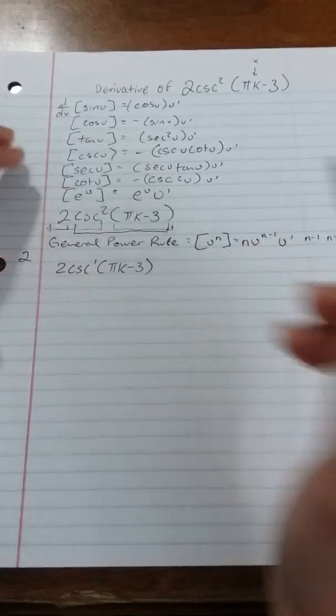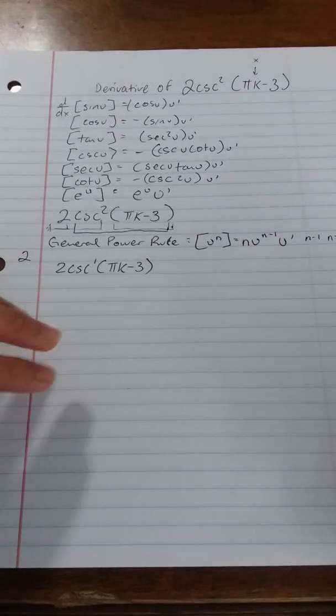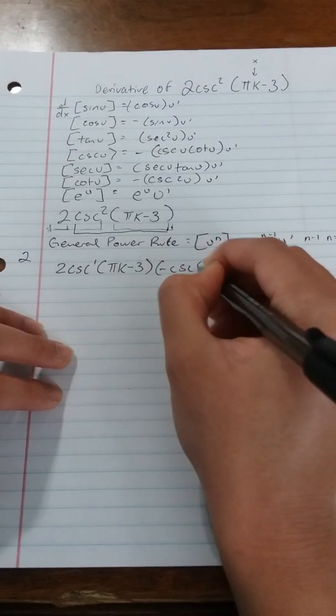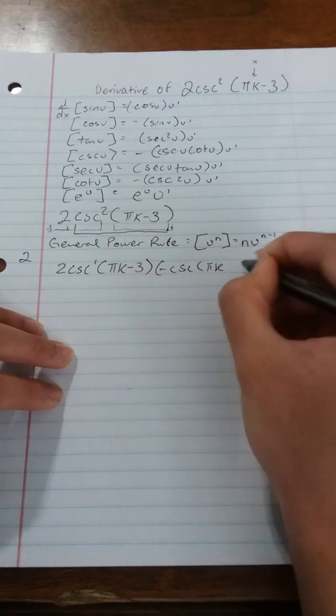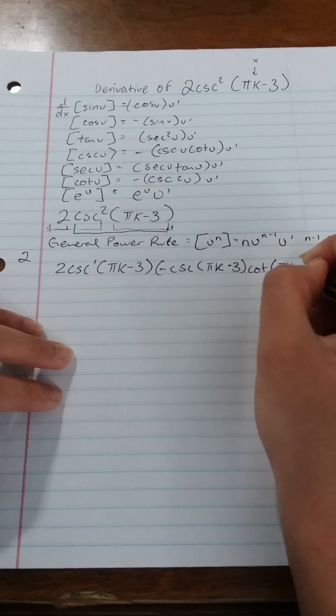Now the u prime part will be this negative csc u cot u times u prime. So now we need to work that out with the u that we have. We're going to take that negative csc, where our u is πk - 3, multiplied by cotangent (πk - 3).